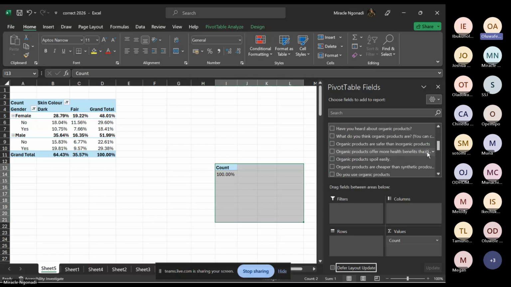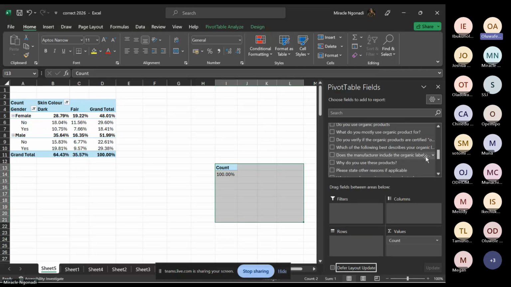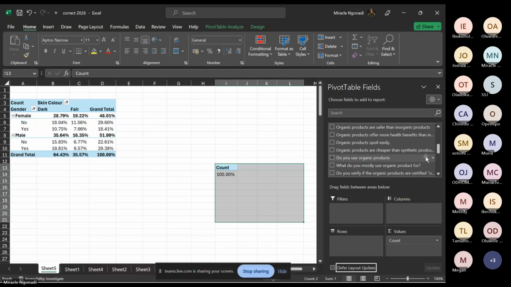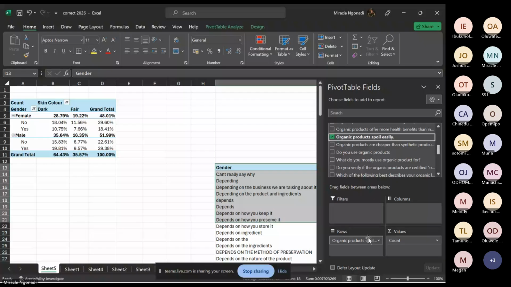Now let's look at organic products spoiling easily. So drag that question to rows. So you can see we need to do a lot of cleaning on that column.